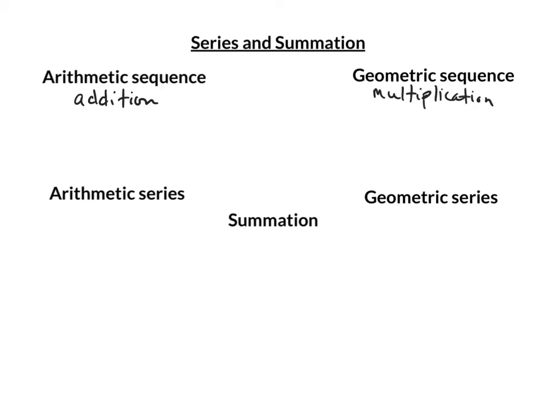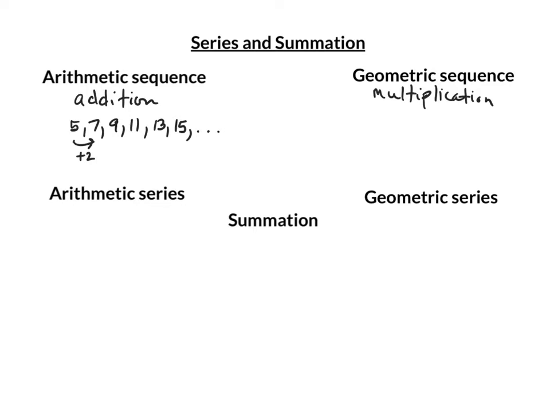An example is 5, 7, 9, 11, 13, 15. You'll notice that there's a common difference: every time we move forward, we add 2. This is an arithmetic sequence. You add, or you could add a negative and subtract, the same thing as you progress in the sequence.